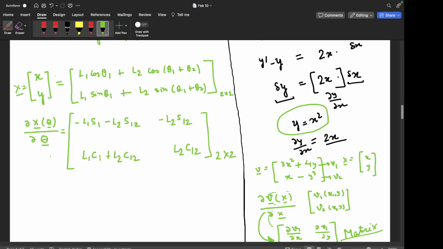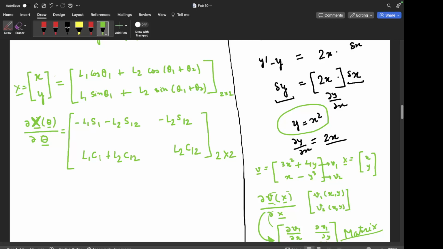In this case, x is acting as a vector, no, sir. Yeah, so this is the capital X, right? Which is the vector containing small x and small y, right? So capital X is a vector, the end effector position vector, right? Which has two scalar elements, small x and small y.